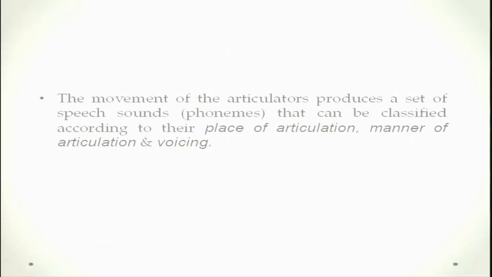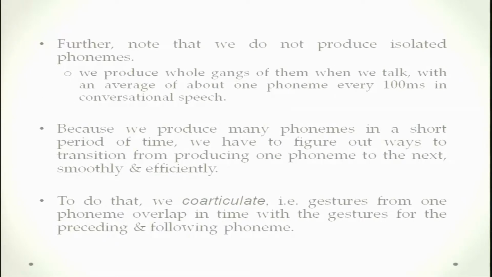Now, also a little something that I want to talk about is that we do not really produce phonemes in isolation. We produce whole bunches of phonemes together, at an average of around one phoneme every 100 milliseconds. So your sounds are always meshing into each other.